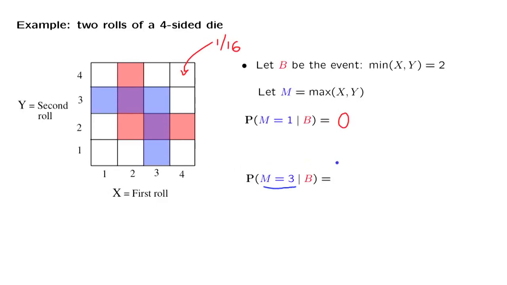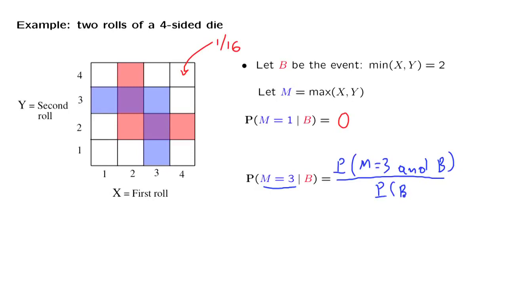Now let us try to calculate the conditional probability by just following the definition. The conditional probability of one event given another is the probability that both of the two events occur, divided by the probability of the conditioning event.